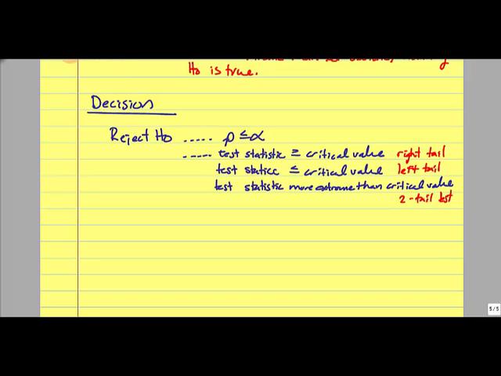Now I will fail to reject H0 if p is greater than alpha, or using my other approach, if the test statistic is not more extreme than the critical value.